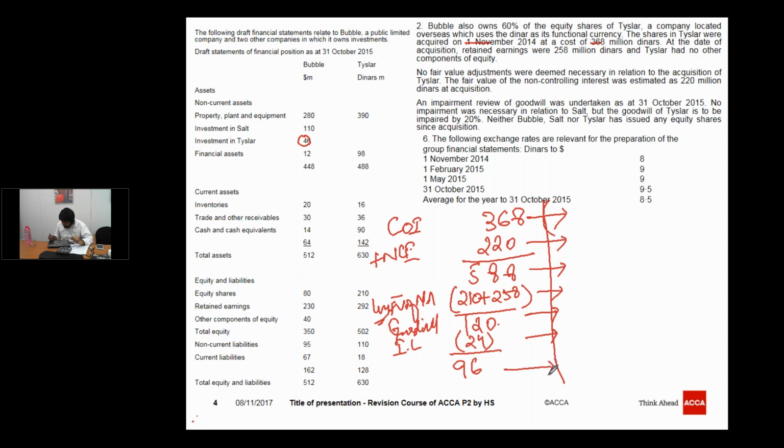So the goodwill at the reporting date is 96 and the rate is 9.5. So we use the rate of 9.5 to convert the goodwill at the reporting date into dollars. So 96 dinars divided by 9.5, we get the value of 10.1.